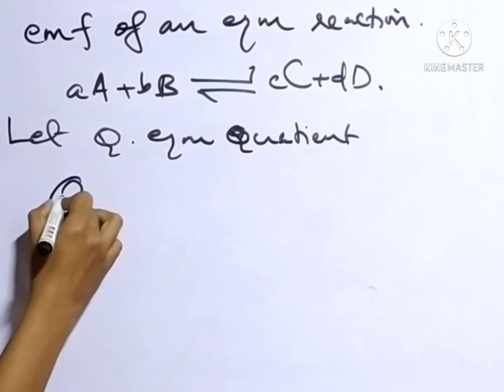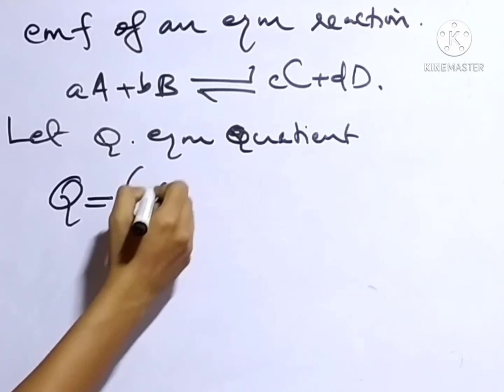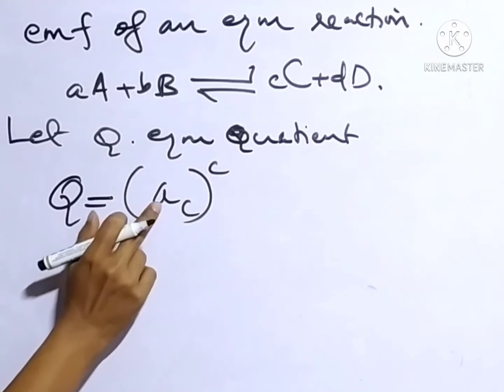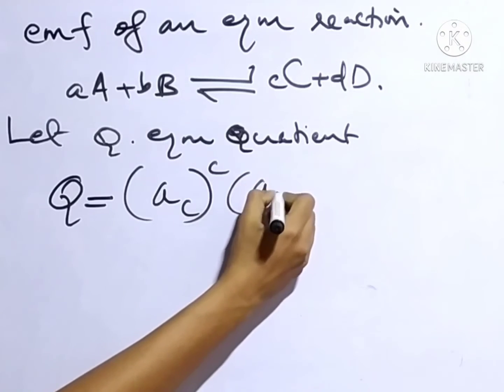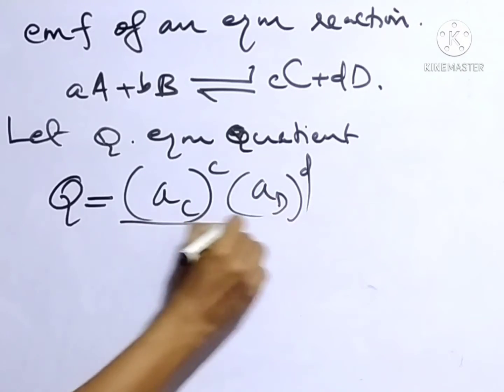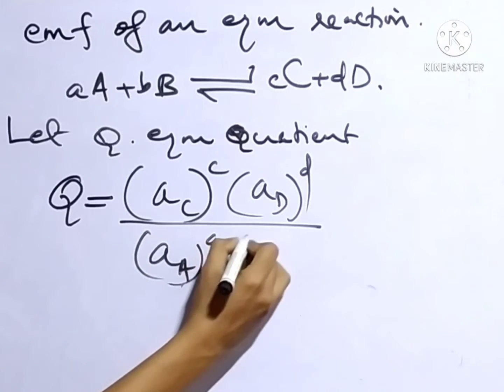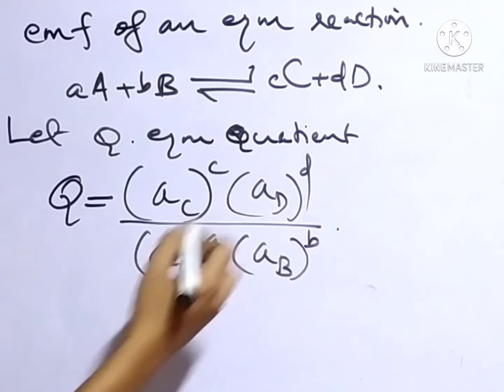The Q value will be equal to the effective concentration of C, that is, activity of C raised to c, into activity of D raised to d, divided by activity of A raised to a into activity of B raised to b.